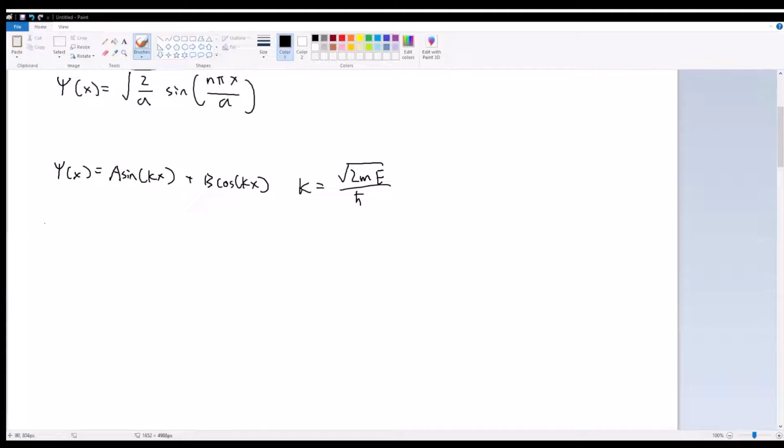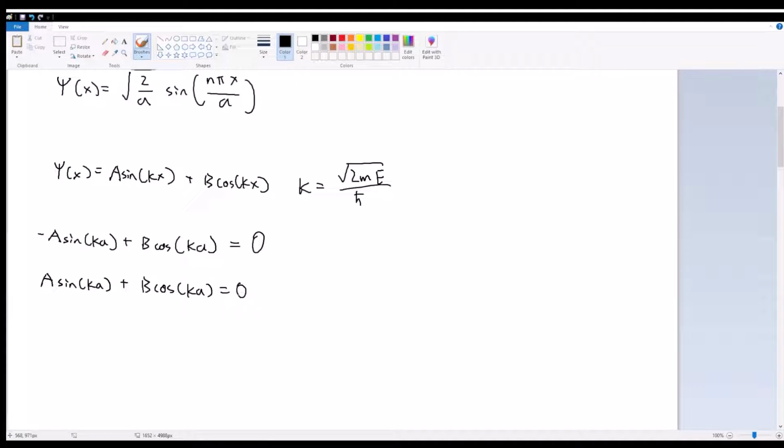So we have a sine of negative ka, which is going to be negative a times sine of ka due to the oddness of sine, plus b cosine negative ka, which is just going to be b cosine ka because cosine's even, and this is going to be 0 at x equals negative a. And then at x equals positive a, we have a sine ka plus b cosine ka, also equaling 0.